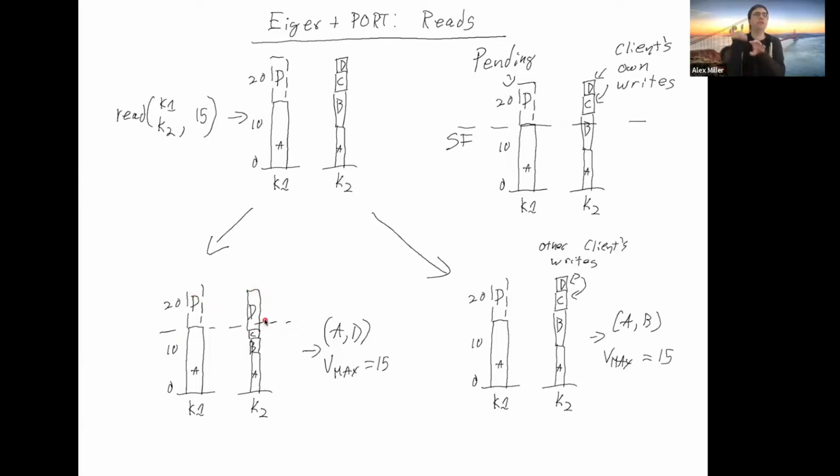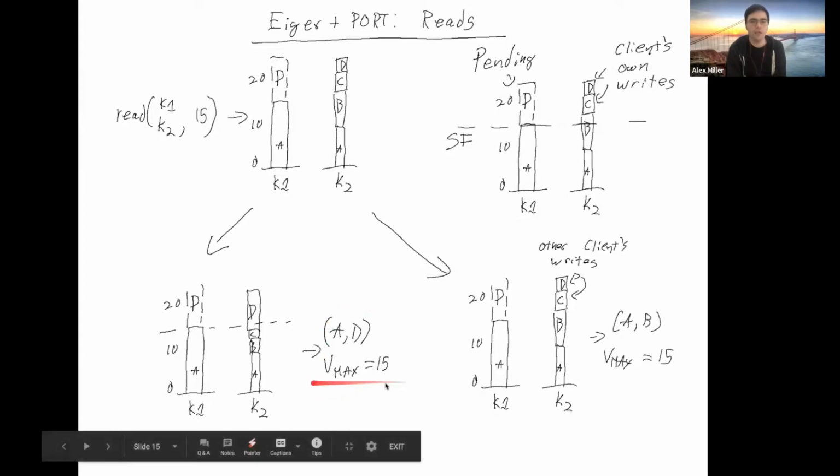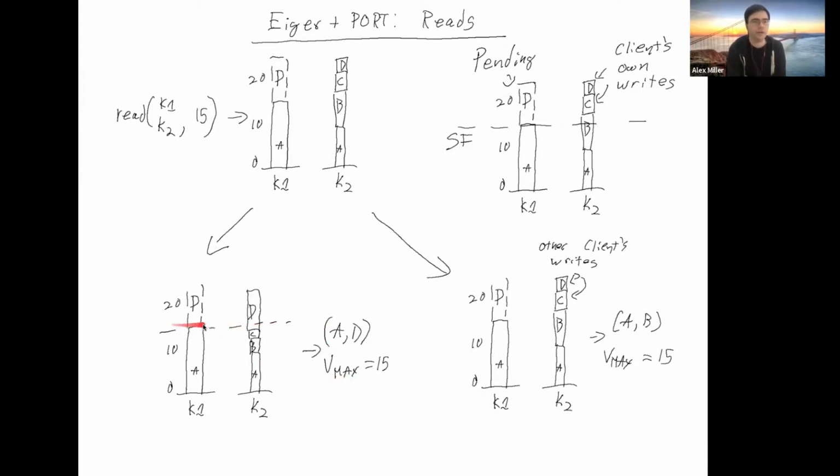We reach up in version space and claw back the client's own writes to the read version that it requested, because if a client writes C and it writes D and then it issues a read at its stability frontier, it should see D. And so in this case, the answer that we would return would be A and D, and this Vmax we'd still return as 15, because we have a pending commit that starts at 16, so we can't return anything higher than that.